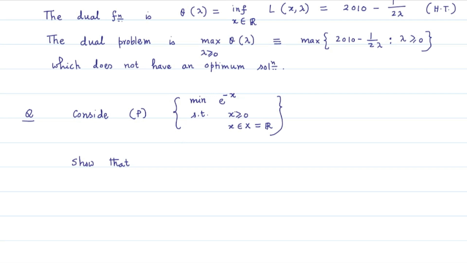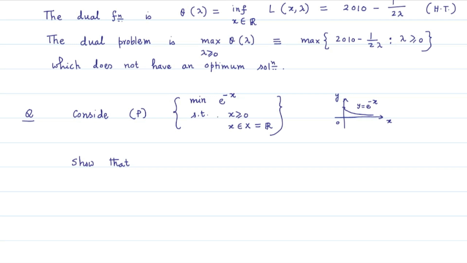This is very trivial. For this primal problem, if I just graph the objective function for x greater than or equal to 0, we see that e to the power minus x has a graph like this one. The x-axis is an asymptote to the graph of y equals e to the power minus x, but this function does not have any minimum point, and therefore this primal problem does not have an optimum solution.